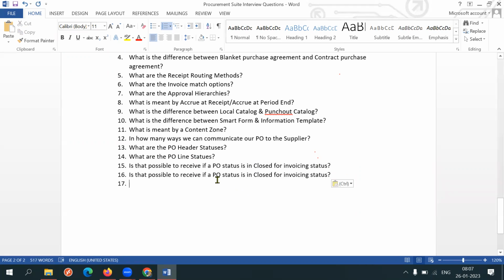Is it possible to receive if the PO is closed?